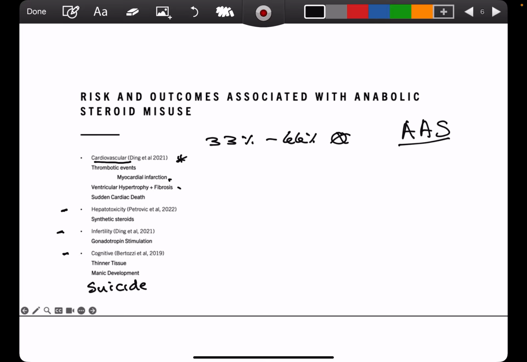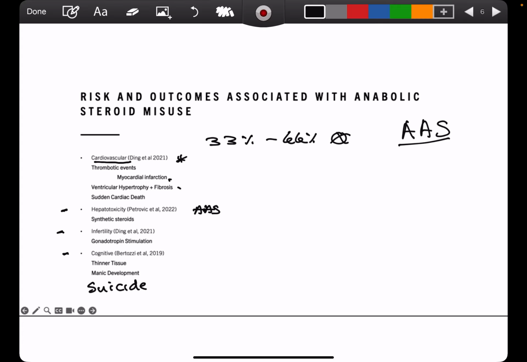But this ventricular hypertrophy and fibrosis was in AAS users, but without the cardiovascular adaptation that comes from endurance training. So these are resistance individuals that were seen at death. They were evaluated and their hearts had ventricular hypertrophy, but also fibrotic tissue as well.